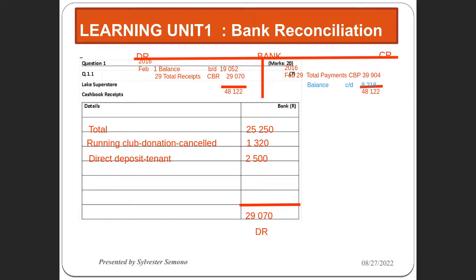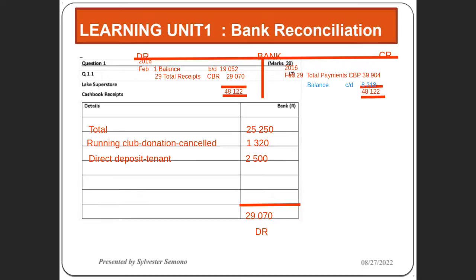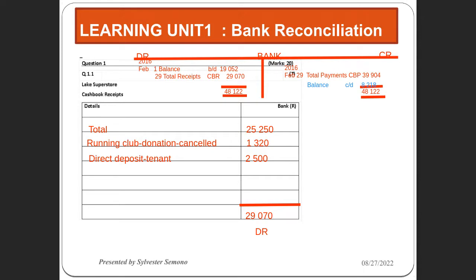Okay, so that is the balance carried down. Sorry about the lines there. And thereafter, remember, if you do this, you can underline here. And then now you bring this down on the other side. When you put it down here, the date will be 2016.